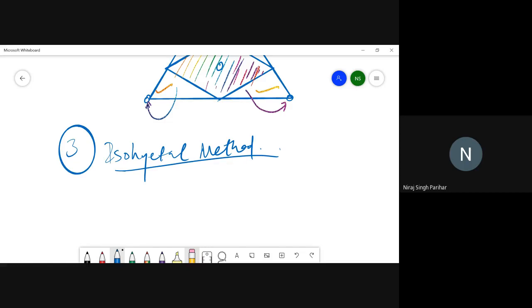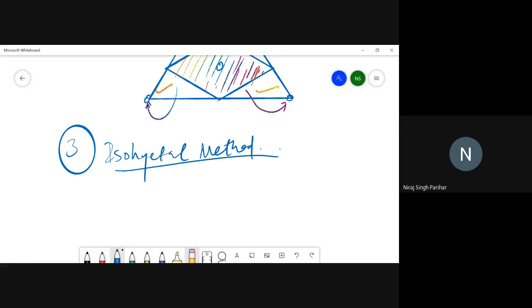Acha, I have told you that the rain gauges are also called hyetometers. Do you remember? Yes, sir. And ISO represents the points having the same readings. ठीक है? जैसे ISO bar होता है. What are isobars? Bar refers to pressure, ISO refers to same. So these are the points which represent the same atmospheric pressure. Right?